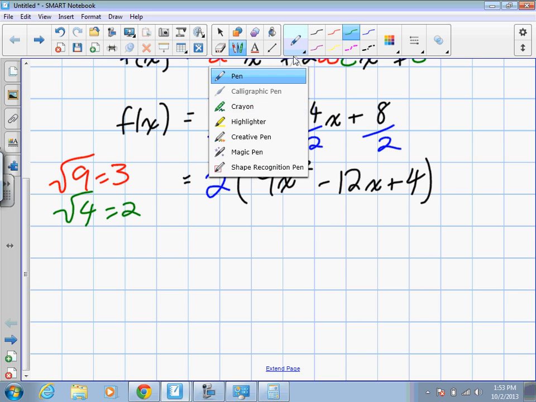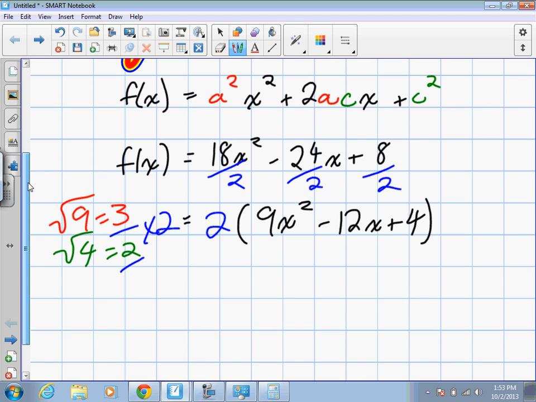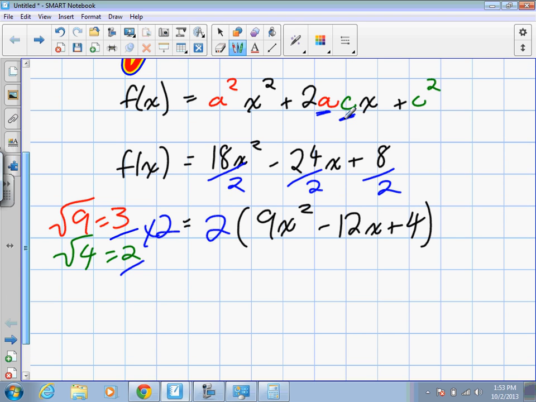If we multiply these two and then multiply that by 2, that's what this is saying. Multiply A times C times 2. Is it our middle term? Okay. What's 3 times 2? 6. Times 2? 12. Okay. So, yes, it is a negative, and we're going to talk about that.